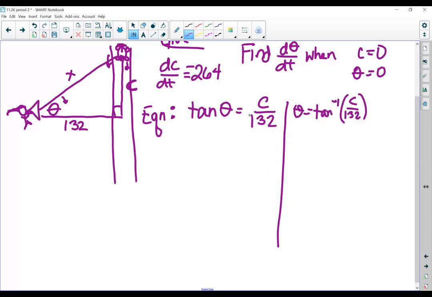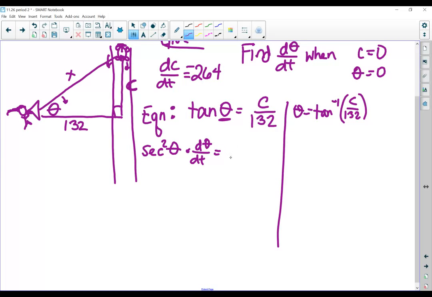Okay, so if I do it this first way, I'm going to take the derivative implicitly. Now remember, guys, in this problem, theta is not an independent variable. Theta is actually being considered a function of time. So when I take the derivative, I have to use chain rule. The derivative of tangent is secant squared theta times the derivative of theta, which would be d theta dt.